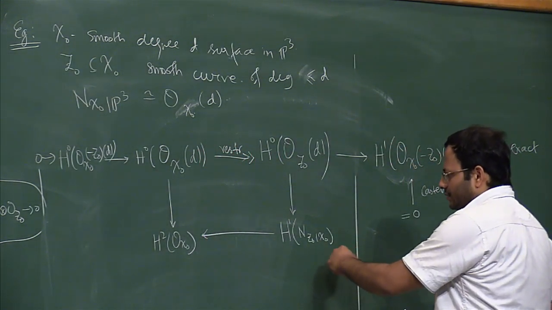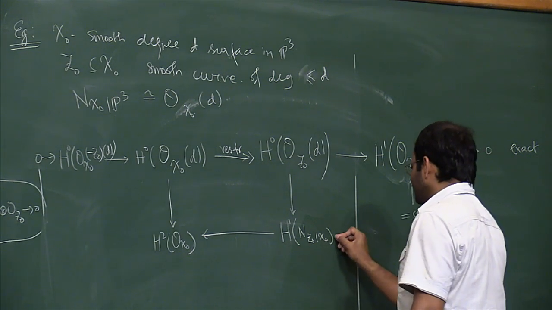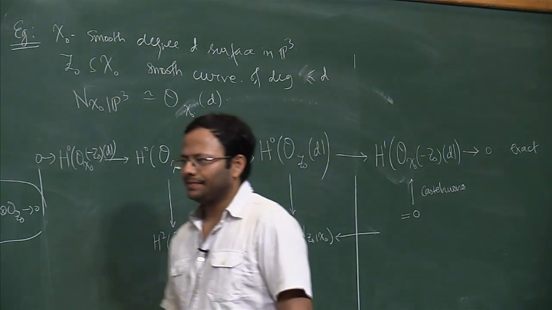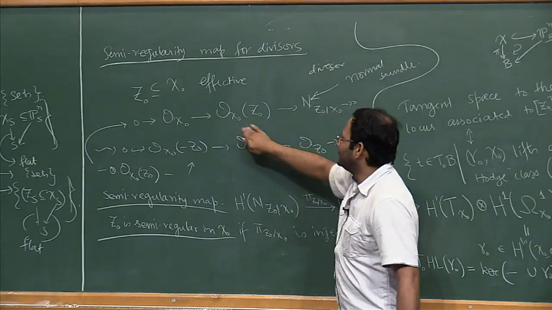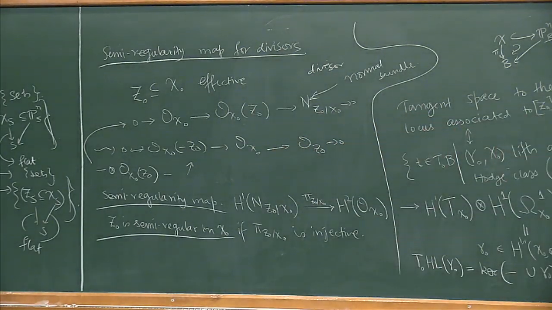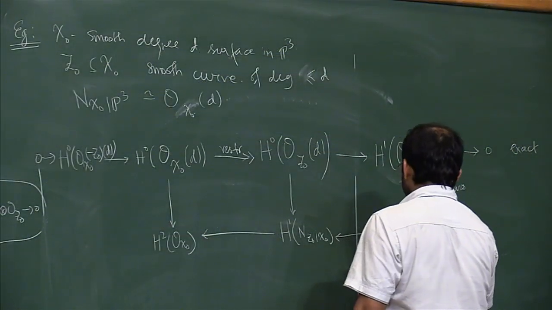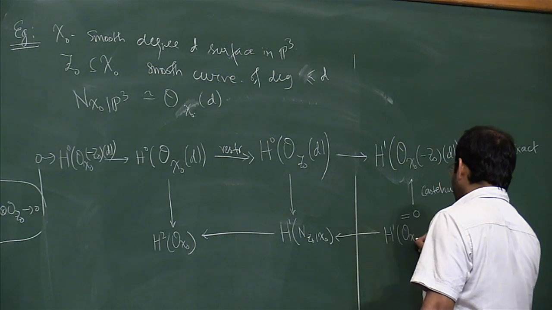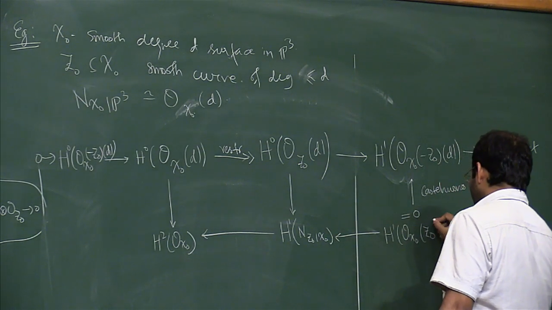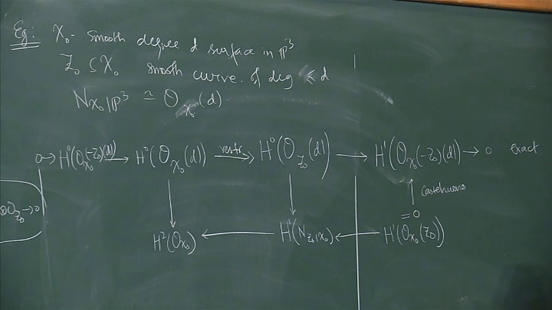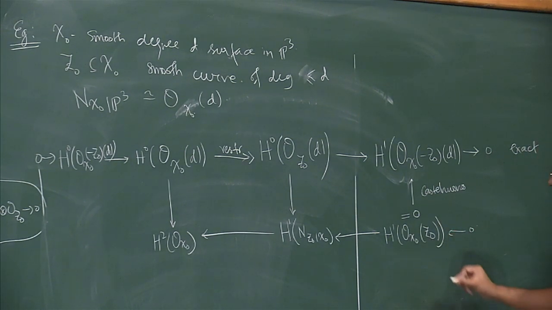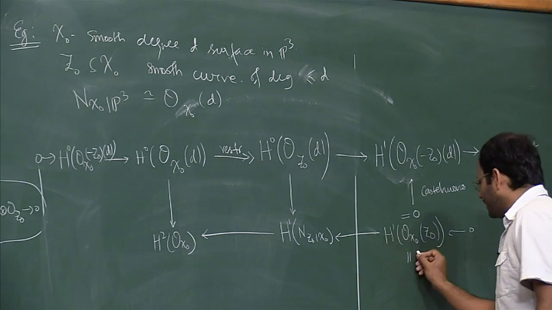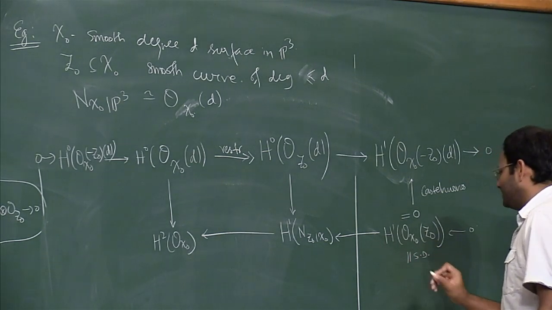Now, this one again we saw comes from another short exact sequence, and the previous element of the short exact sequence is here. It is the H1 of this object. Now, again here as well I will get 0.